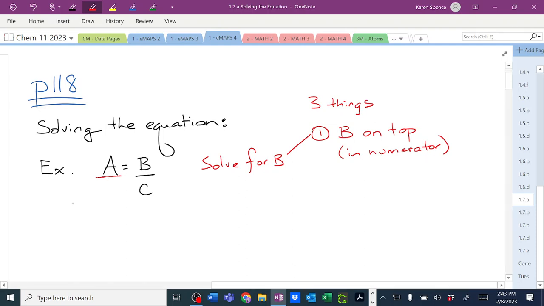We have A here, and it's on the top, and there's nothing in the denominator. Well, really, there's not nothing. There is a 1. We're not going to write it. We're just going to draw this line so we know that there is a place for things underneath A should we want to put them there. So B is already on the top.